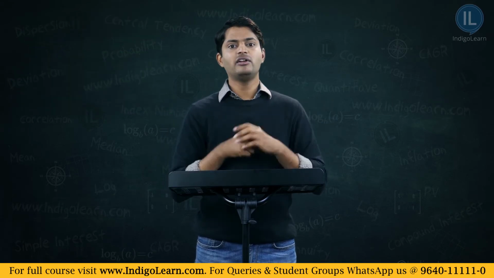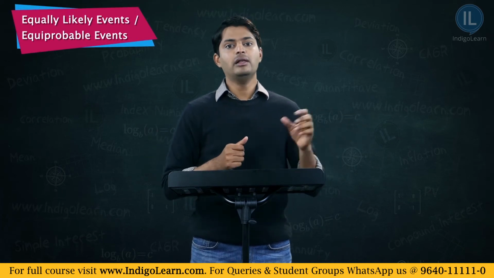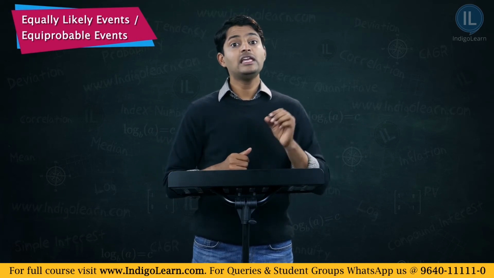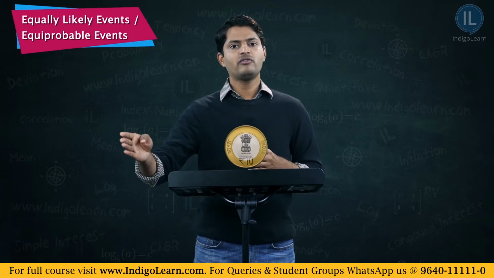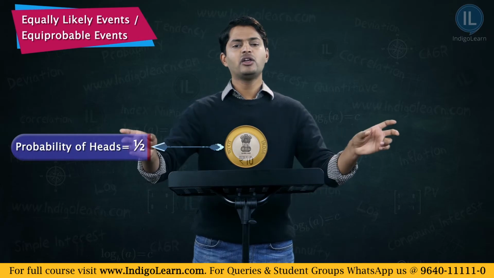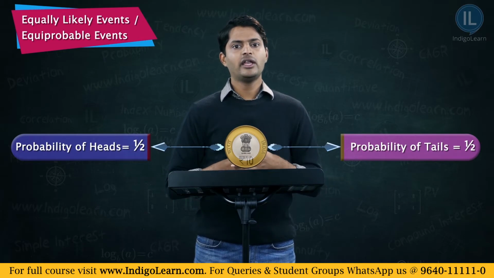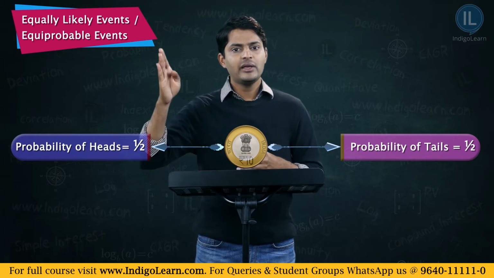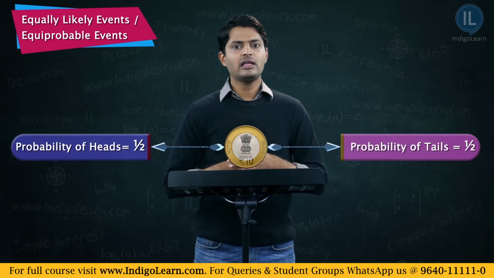Now the third term that we discussed is called equally likely or equiprobable. So again I am using the word probability. Equally likely events. Now I toss a coin, the probability of it being a head and the probability of it being a tail, are they equally likely? Yes. When I roll a die, the probability of it being an even number and the probability of it being an odd number, are they equally likely?